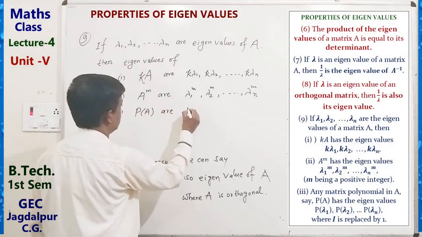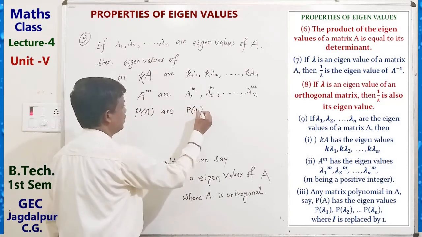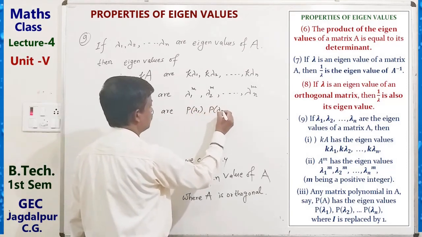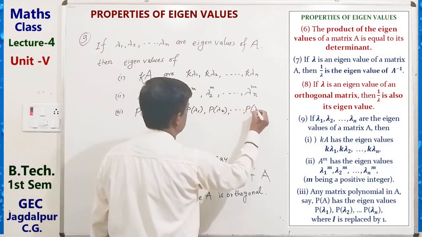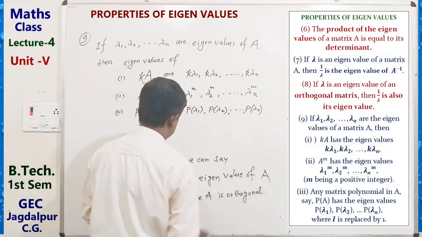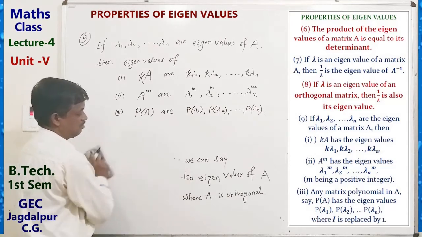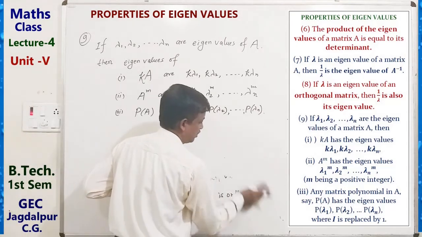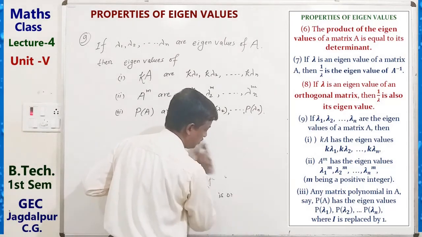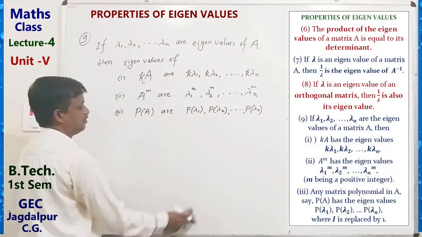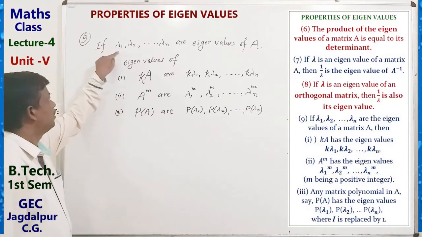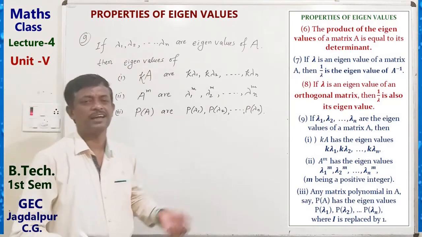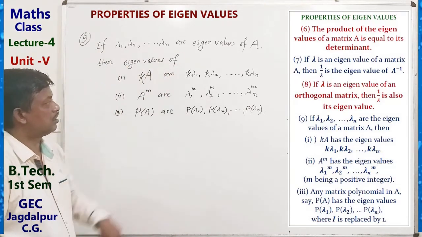The eigenvalues of P(A) are P(lambda 1), P(lambda 2), up to P(lambda n). A very simple proof can be given for this property, because here lambda 1 to lambda n means A is an n-order square matrix.